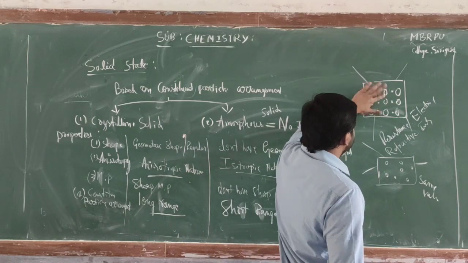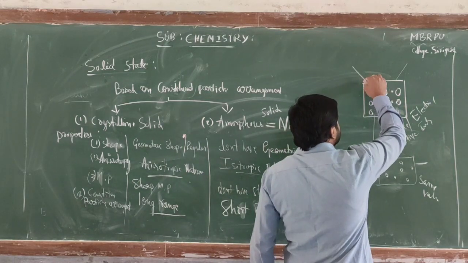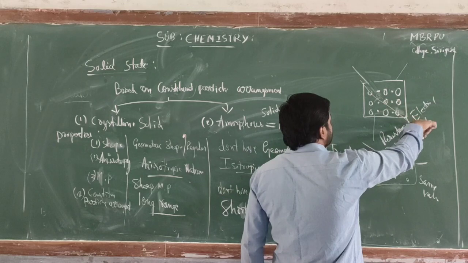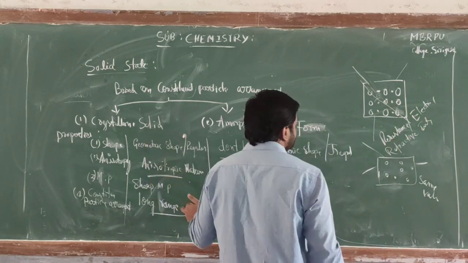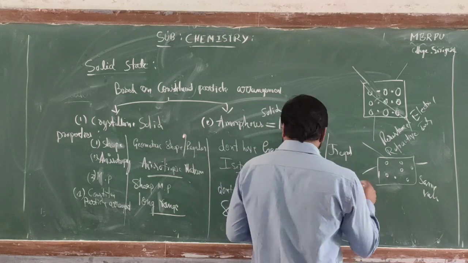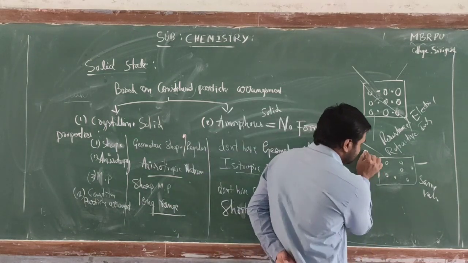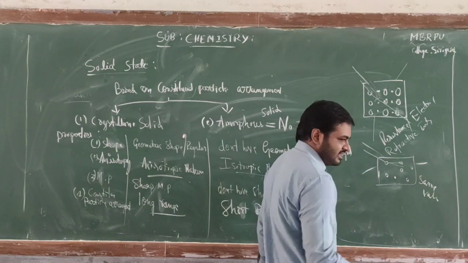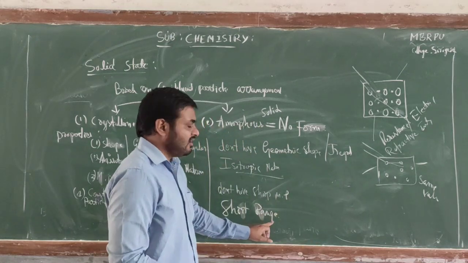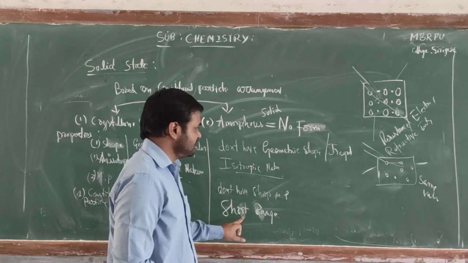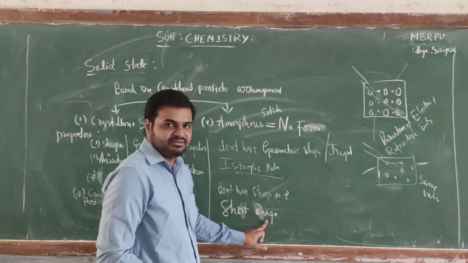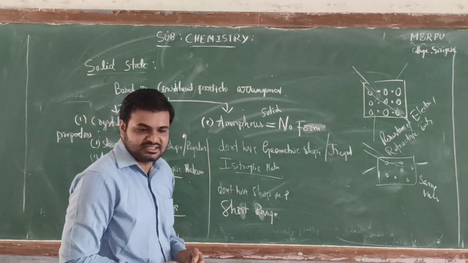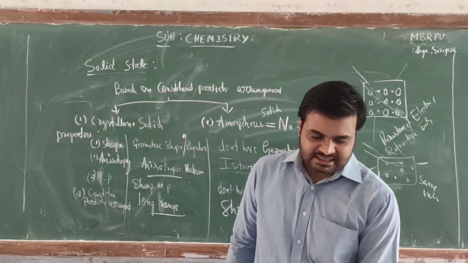Orderly arranged, the molecules are in order, a long range order in the case of crystalline solids. But in the case of amorphous, see here, one molecule has a regular shape, then afterwards there is irregularity. This doesn't give a long range arrangement. That is why amorphous has a short range arrangement, and crystalline has long range. Okay, this is about the characteristics.